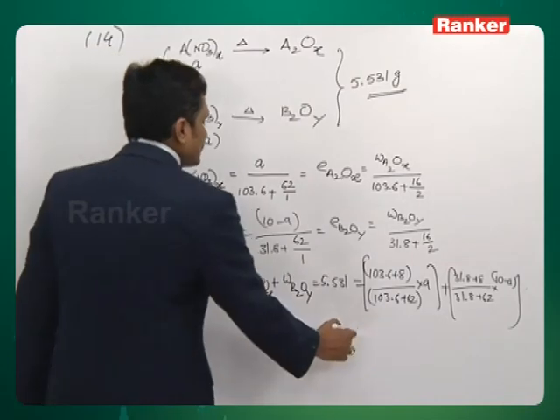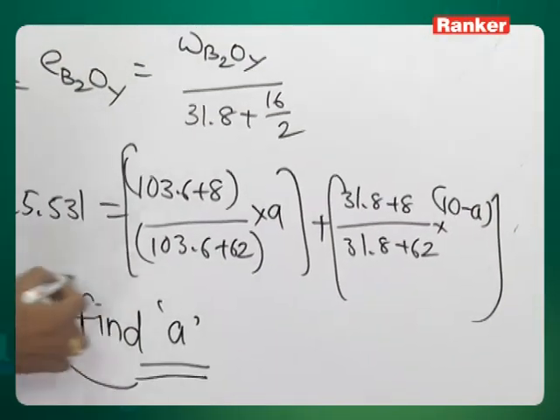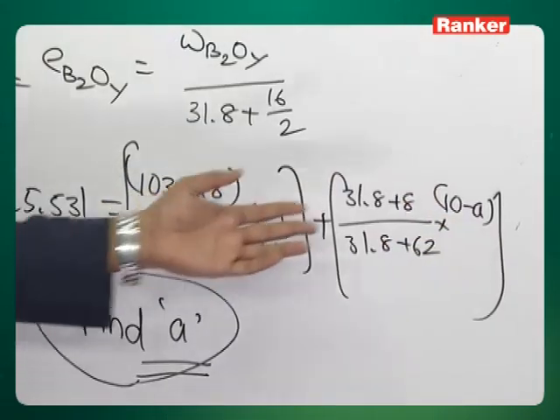Now from this expression we will find the value of A. After finding the value of A, the only unknown of this expression, you can see there is only one unknown, that is nothing but A.